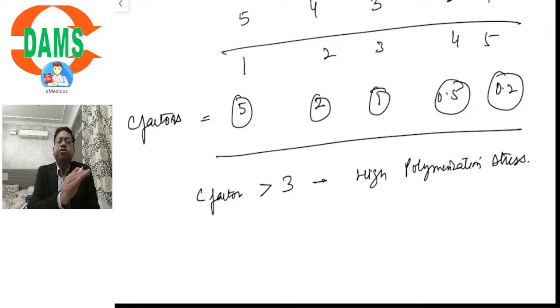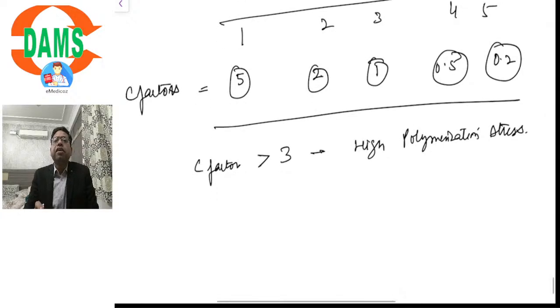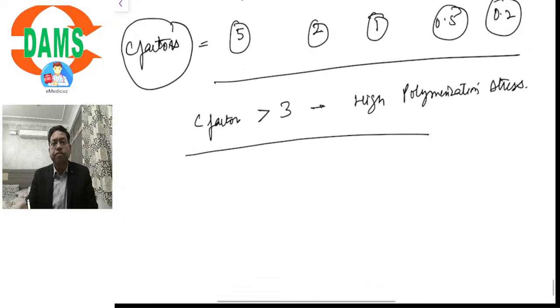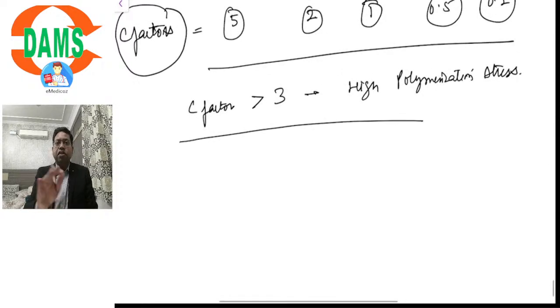So a class 1 restoration with composite may look simple to do, but clinically, because of C factor associated with it, we have to be very meticulous in the building up of restoration so that polymerization shrinkage is minimized and minimum post-operative sensitivity is there. This is the C factor related to the polymerization of composites.